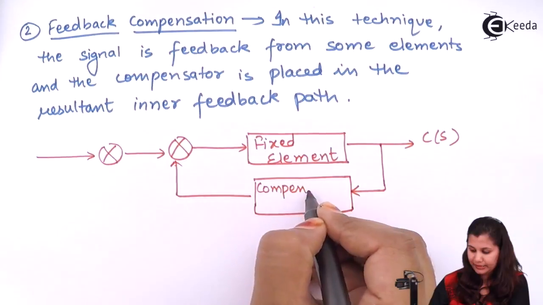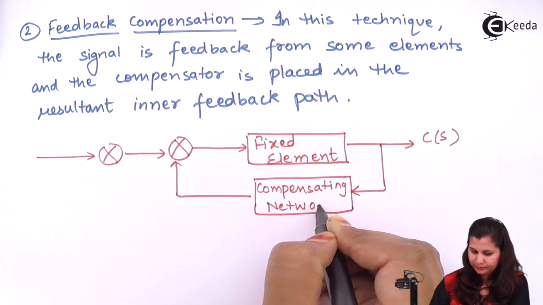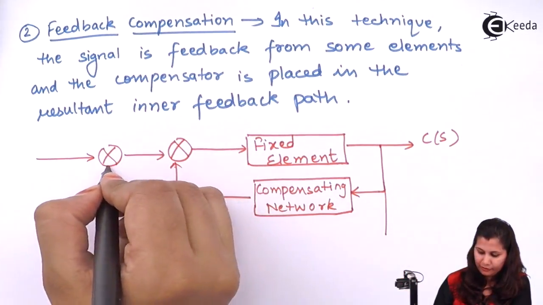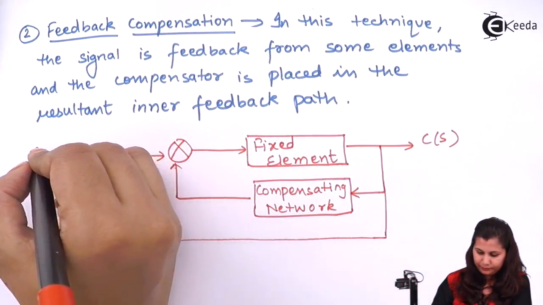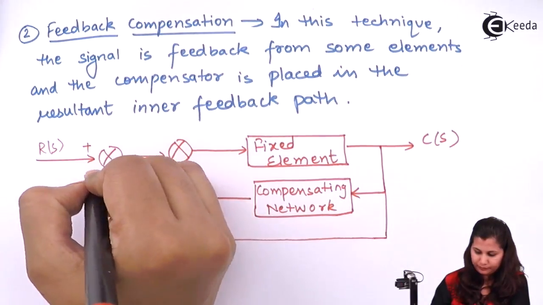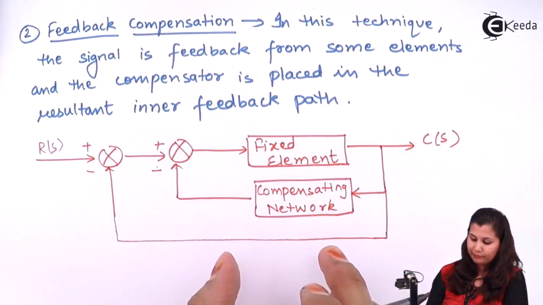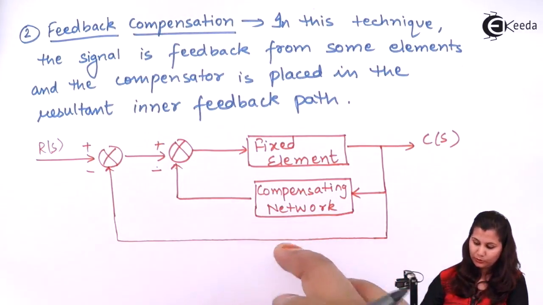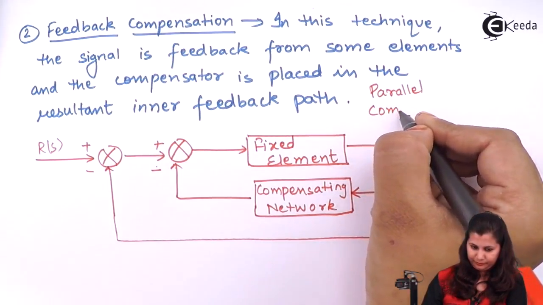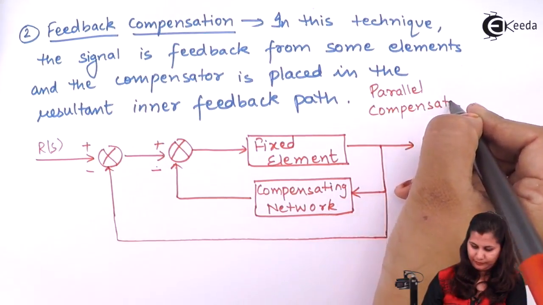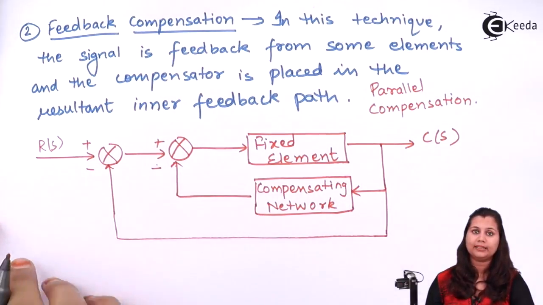We are connecting the compensating network in the feedback loop. Also we have the feedback signal to this error detector. Because it is connected in parallel to this plant, this is also known as parallel compensation. So this is the second type of arrangement of the compensating network.